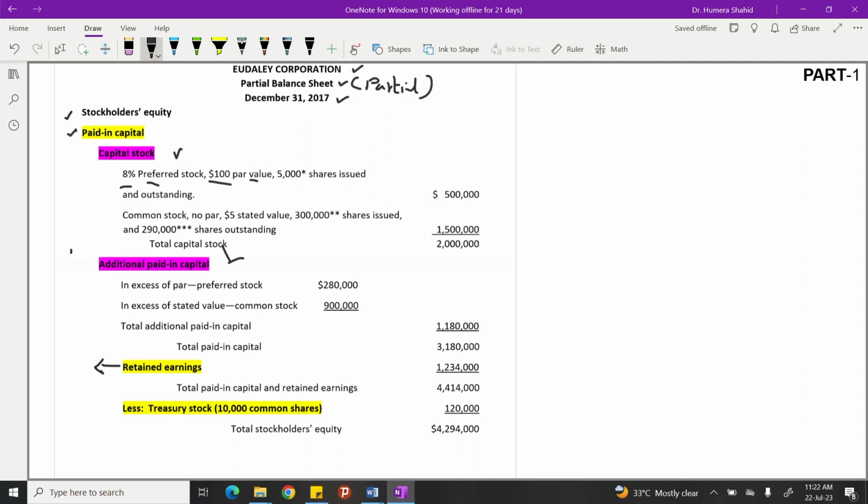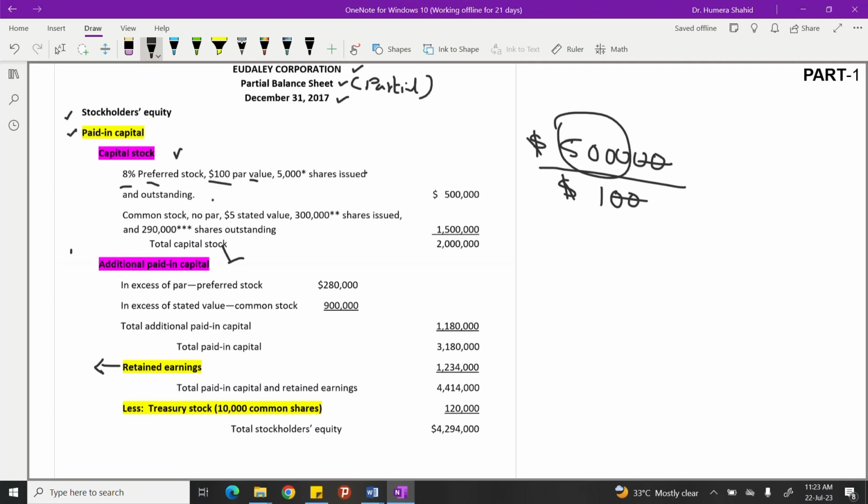They also did not give us the number of issued shares, they just told us the total preferred stock. We can calculate it: this is the total value of the preferred stock, and the par value is $100. So 5,000 shares issued and outstanding.